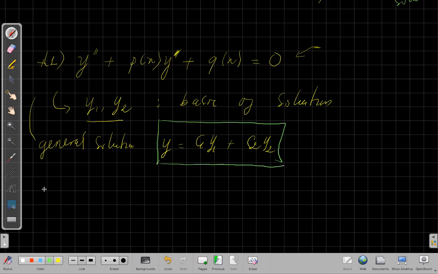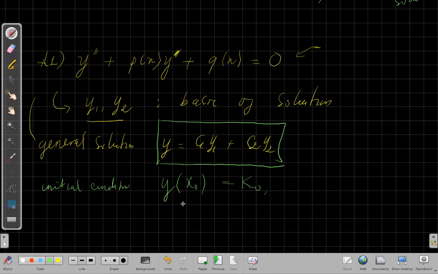And what is the initial condition? The initial condition is presented by y of x0 equal to k0.